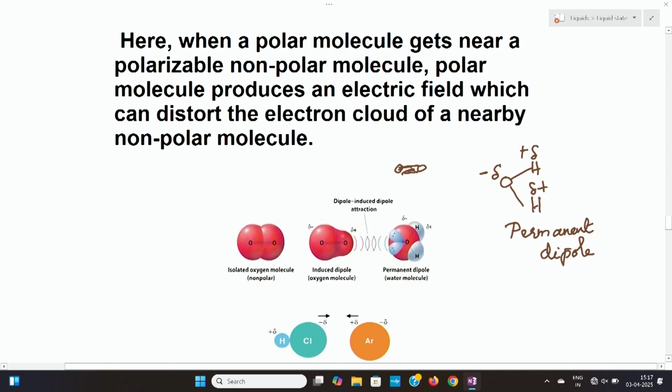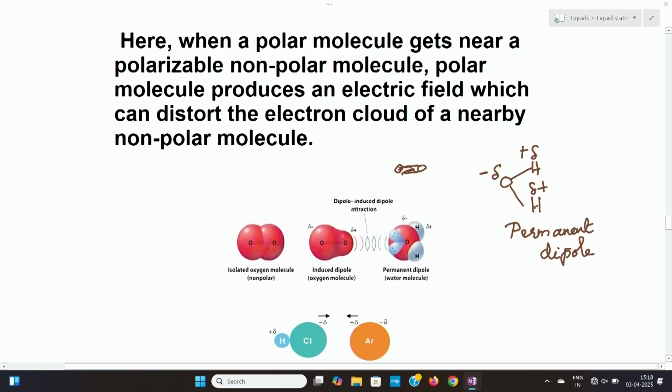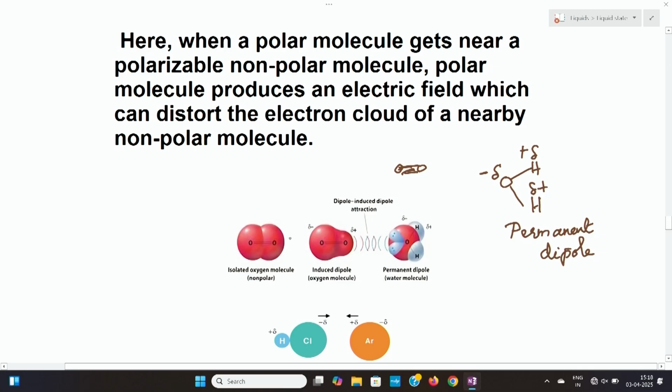That means when a polar molecule gets near a polarizable non-polar molecule, that is the oxygen molecule, the polar molecule produces an electric field, and because of the electric field of this water molecule, the electron cloud of the non-polar molecule is getting distorted. So, since the electron cloud of the oxygen molecule is getting distorted, what is happening?